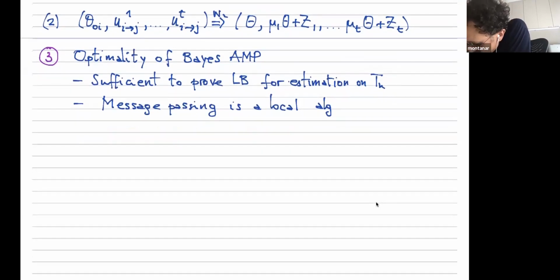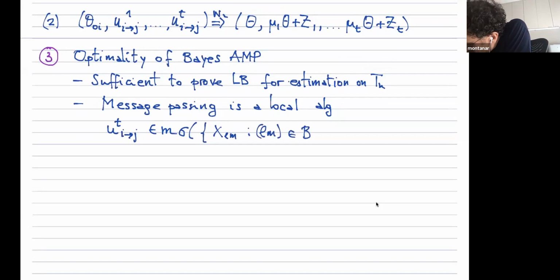It means that your messages i to j are measurable on the sigma algebra generated by all the X_{lm} with lm in a ball of radius t around i. It can be t plus 1 or t, it doesn't really matter.